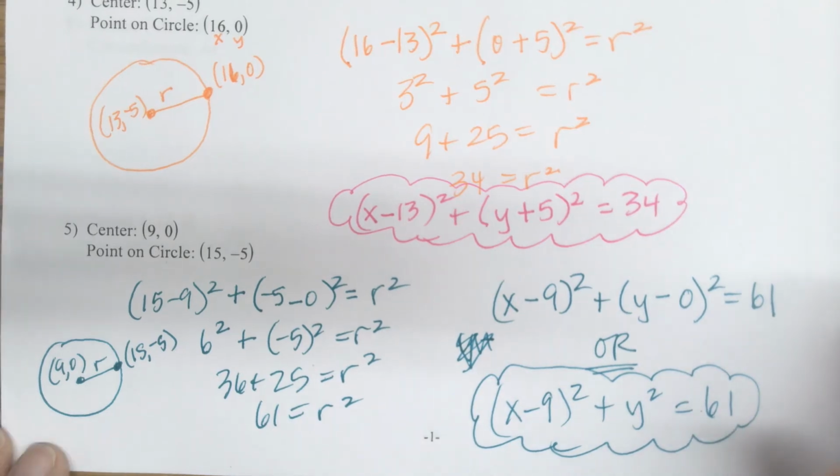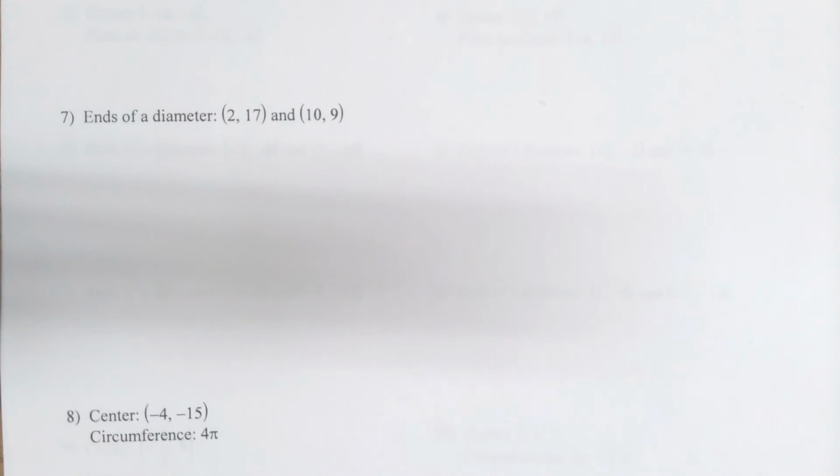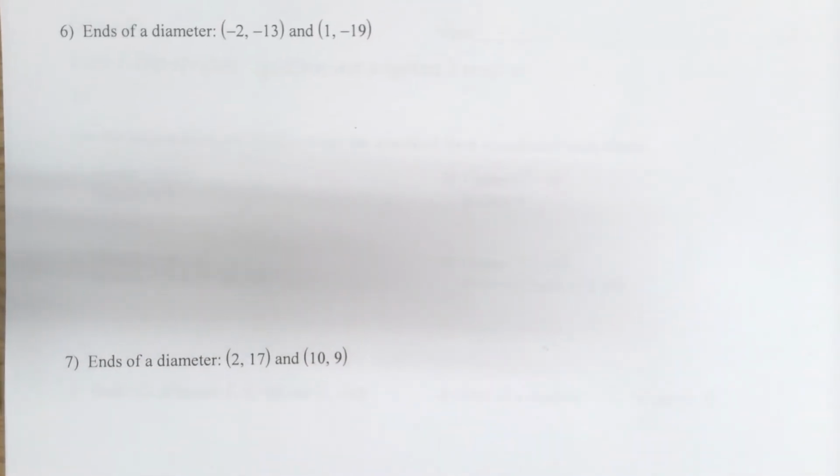Okay? Moving on, there are going to be situations that are going to be even a little bit more challenging. So far we've seen problems where I have the center and the radius given, or the center and a point on the circle given, but what if I'm given endpoints of the diameter?